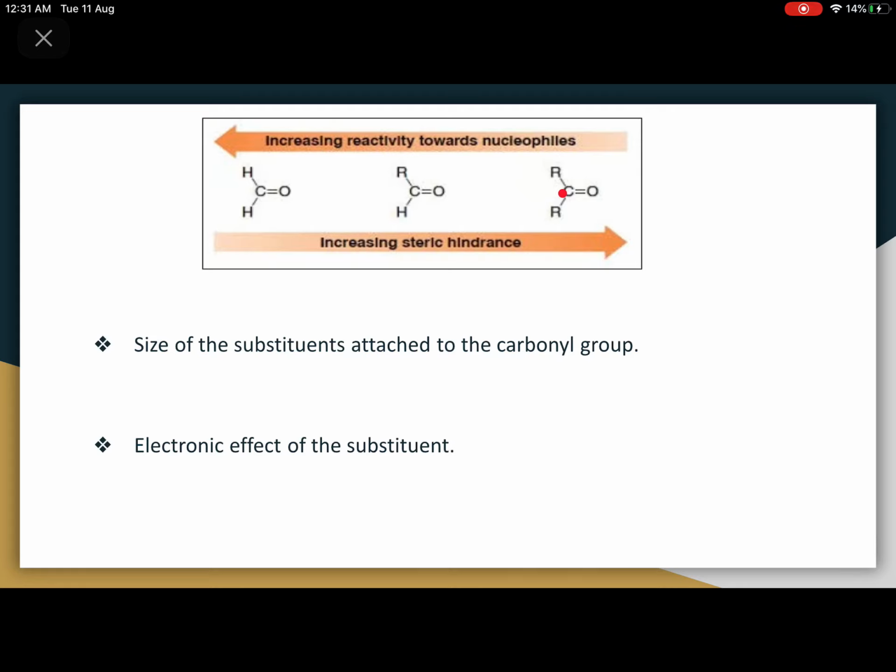The electron density at this carbon atom will increase, and due to this the reactivity of this carbonyl group towards nucleophiles decreases as compared to the first two structures. So we can say, as steric hindrance increases, the reactivity towards nucleophiles decreases.